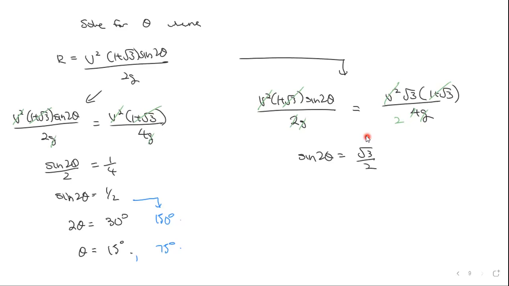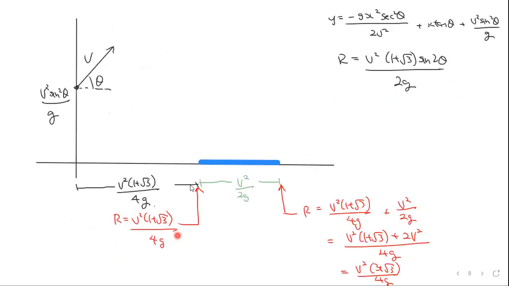So 2 theta will equal 60 degrees or 120 degrees, which means theta equals 30 degrees or 60 degrees. So we've got 4 angles: 15 and 75 for range 1, 30 and 60 for this. Theta equals 15 degrees and 75 degrees for this one, and theta equals 30 degrees and 60 degrees for this one.